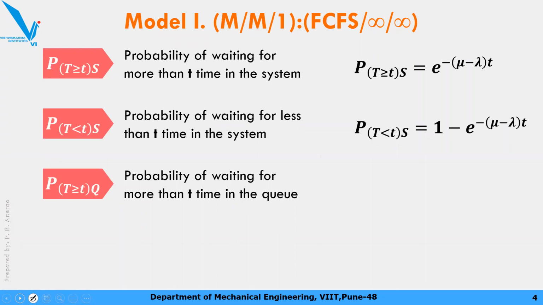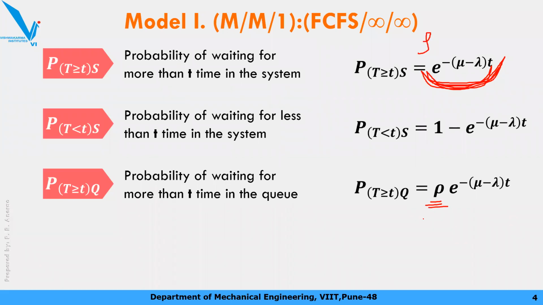Okay, so we need to understand that psychology. So this probability is calculated by just multiplying the probability of a person spending t time in the system by the utilization factor. Just multiply by rho.